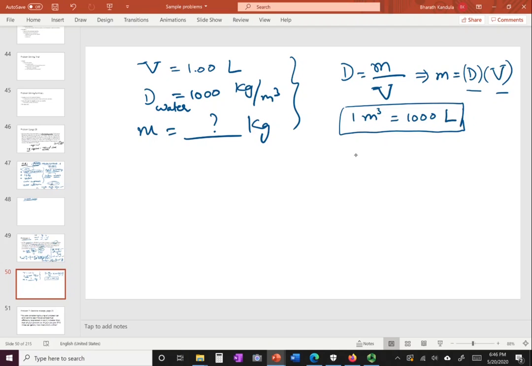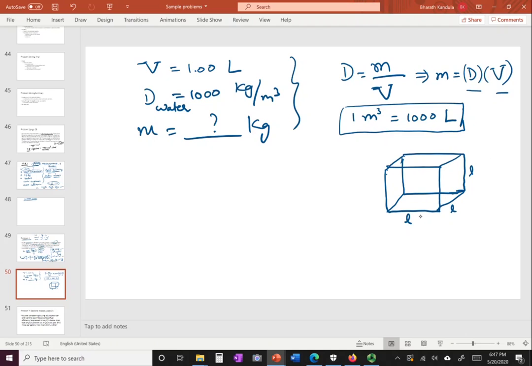Okay, so 1 cubic meter means you can understand this. I'll draw the diagram here. So let's consider a cube here. Okay, so this is, let's say, a cube. Length, width, height all are same size.